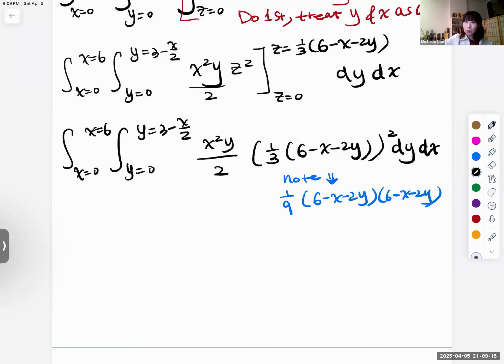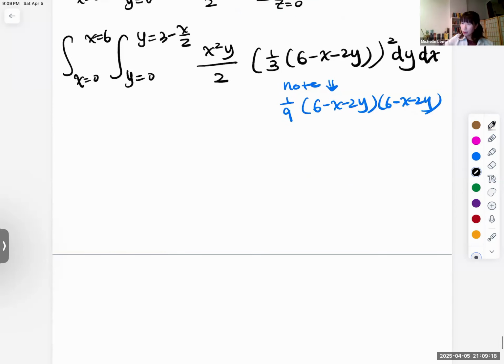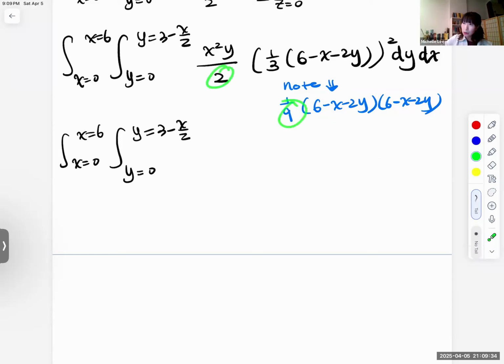With 9 and 2, we have 18, so x squared y over 18 is constant.